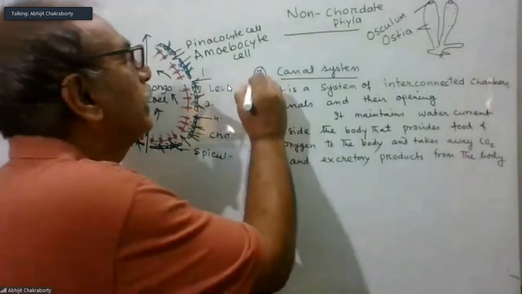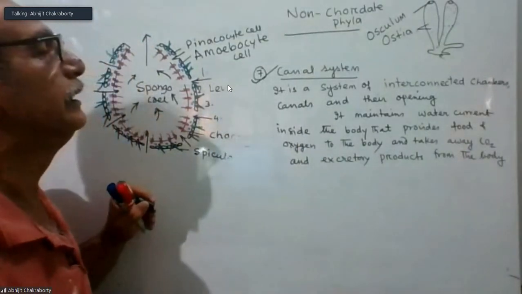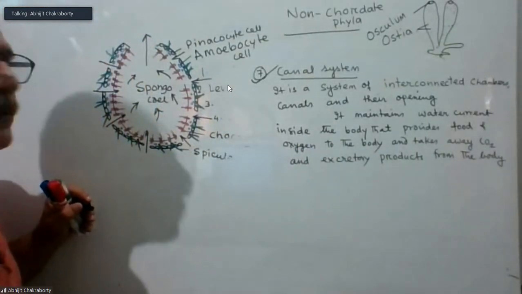So this is the canal system. Generally, 3 types of canal systems are found.